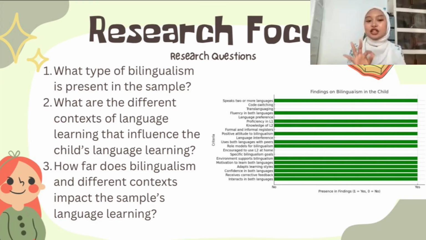Meanwhile, the third key context is the learning context, which will focus on the environment, the teaching styles, and the peer interaction. So these three areas are crucial for understanding the impact of bilingualism on young learners.